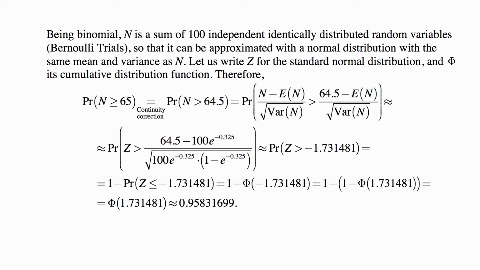So we end up saying that this is the same as the probability of Z being less than 1.731481, or phi of 1.731481. And that's using either some kind of normal distribution calculator, which is now available at some actuarial exams, or just using a table, that's approximately 0.9583.